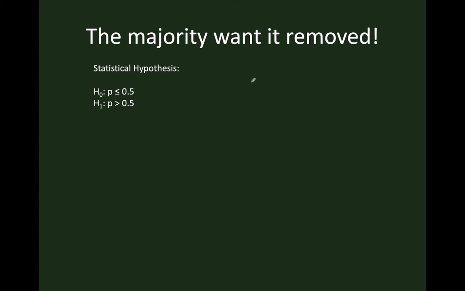Maybe I'll define that over here, just to be really clear. In this context, the parameter value, P, is equal to the true proportion of Arcadians who want the statue removed.